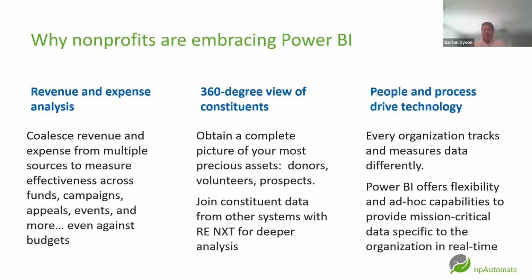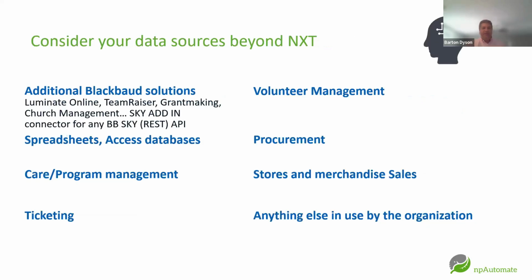Another good example with this 360-degree view is organizations that do some element of program management or care management, if you're working with different types of individuals, where you're tracking a lot of other data that is a bit outside of just traditional fundraising information. There's some value in providing these additional views of information and either displaying it within the system or within reports, wherever you may consume that information.